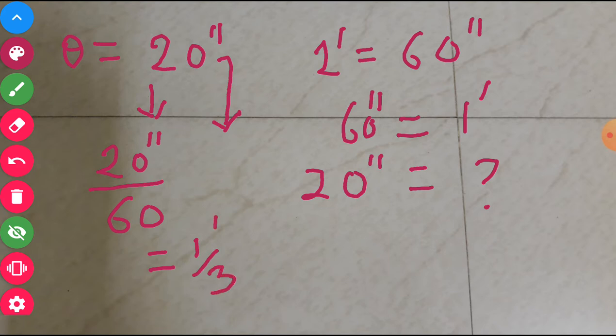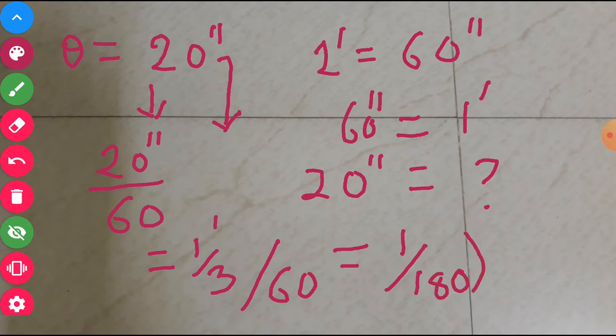Now you have to convert this again into degree, so you again divide by 60. So this will give you 1 upon 180 in degree.